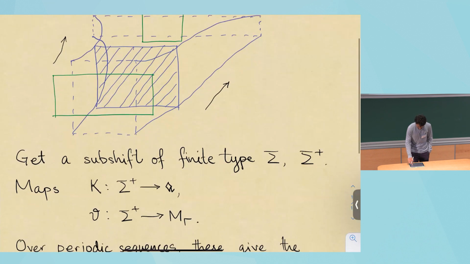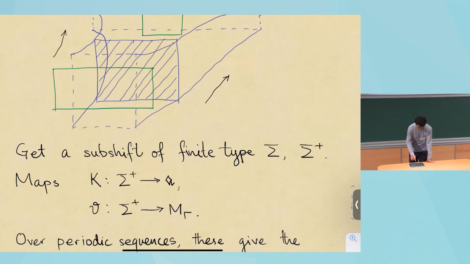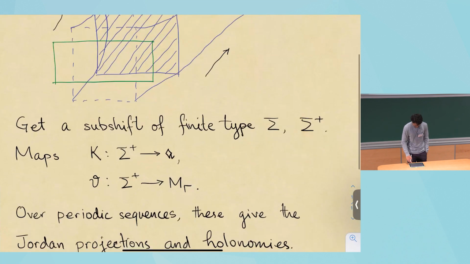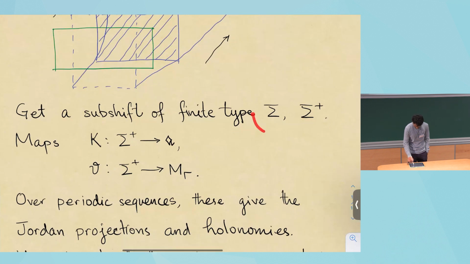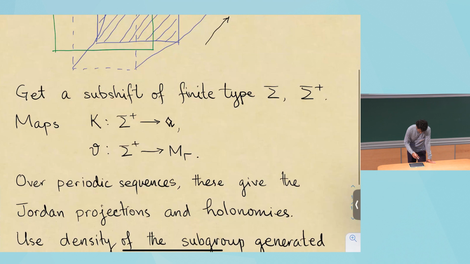And this property allows you to code the points on the rectangle by sequences. And so you get a subshift of finite type, sigma, and there's a standard trick to reduce your formulation to just a one-sided sequence.